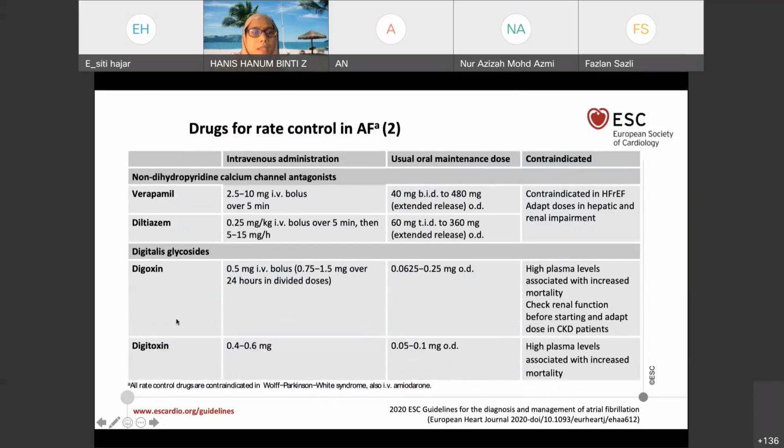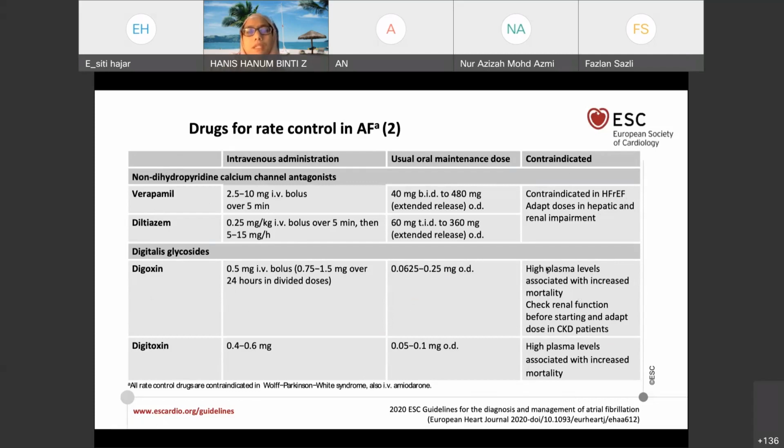Your non-dihydropyridine CCB is also contraindicated in patients with heart failure with reduced ejection fraction. In this patient, like I said, your option would be digoxin. However, digoxin we usually use at the acute stage only.